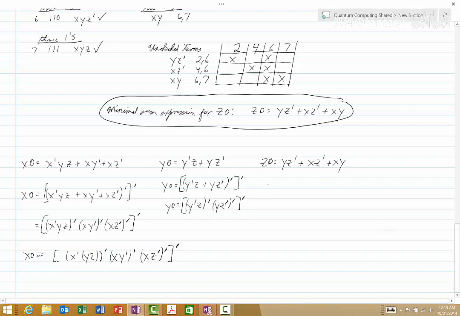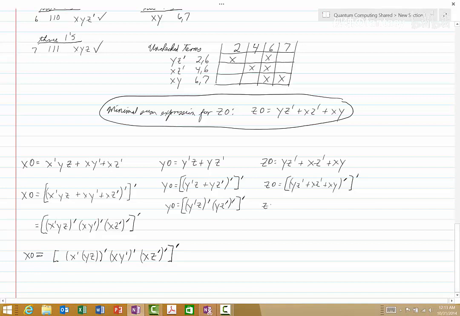And then finally for Z0, we have y z prime, or x z prime, or x y prime, primed.